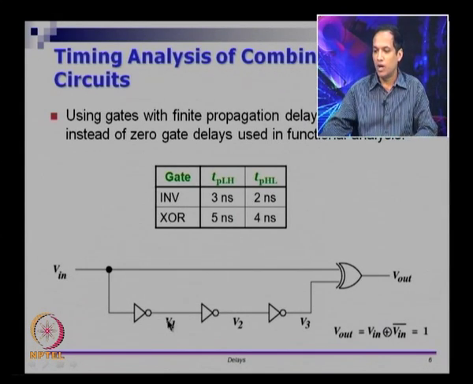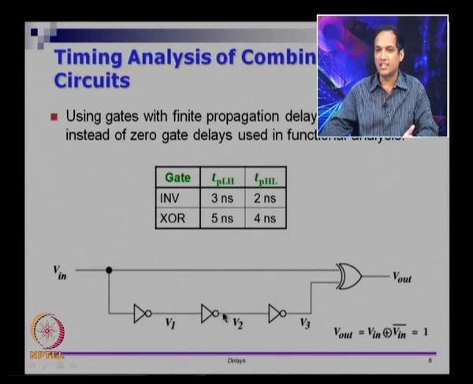Then V1 will be V in bar, V2 will be V in itself, V3 will be V in bar. So V out will be V in XOR V in bar. So anything XORed with its complement is 1, so V out will be 1.